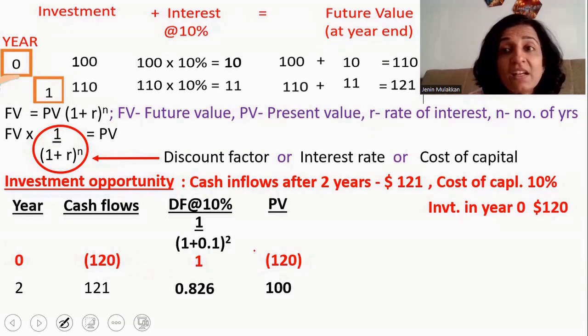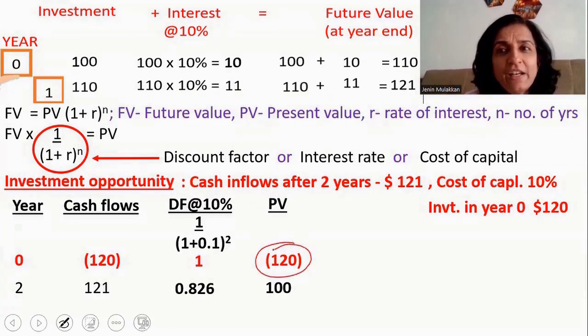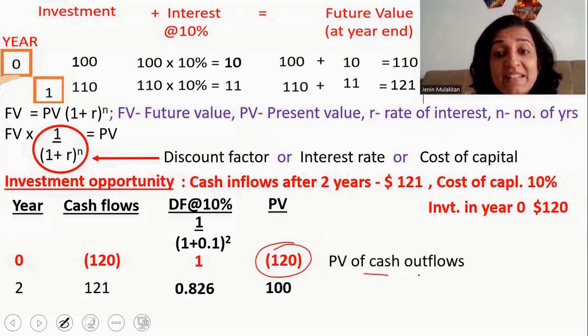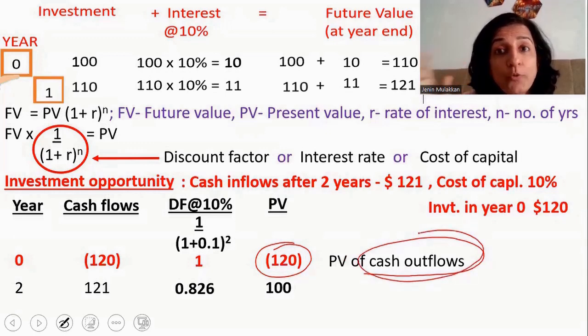So $120 invested now will yield a return of less than 10%. Now, what is this $120? $120 is the amount that you're going to invest now, or it is the present value of cash outflows, what is going out of the company.